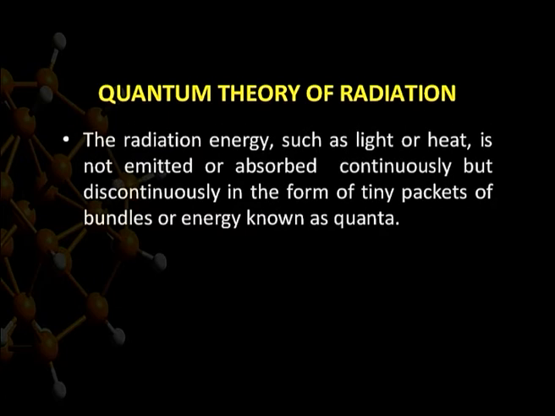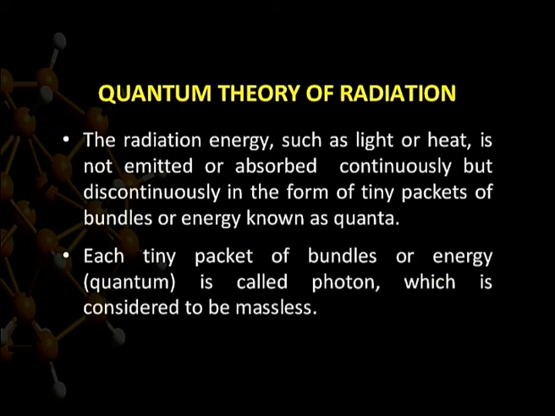According to this theory, radiation energy such as light or heat is not emitted or absorbed continuously, but discontinuously in the form of tiny packets or bundles of energy known as quanta. Each tiny packet, or quantum, is called a photon, which is considered to be massless.